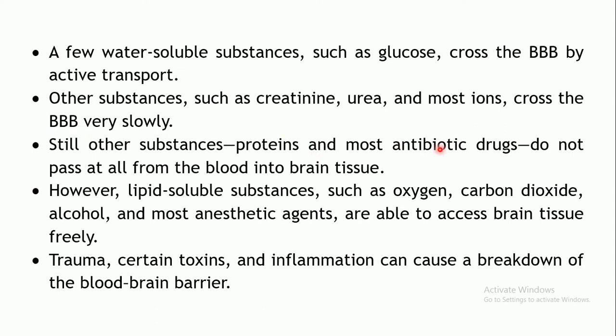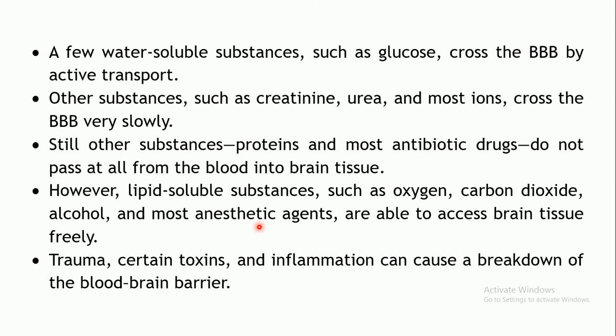Even the proteins or certain antibiotics cannot pass into the brain tissues very easily, unless the substance is highly lipid soluble in nature, such as oxygen or carbon dioxide, alcohol, or certain anesthetics which act in the CNS. They can cross the blood-brain barrier very easily because they are highly lipoidal in nature.